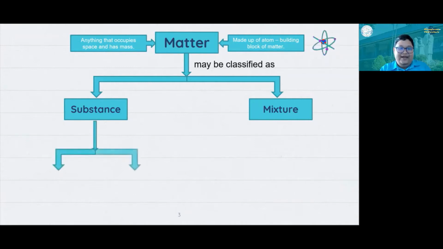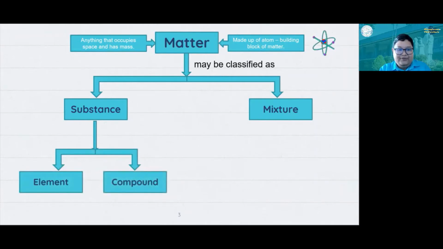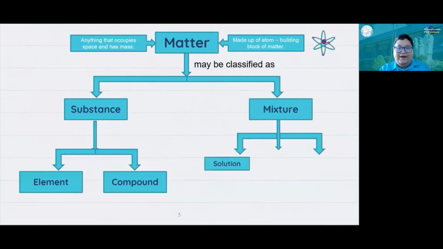First, we have the elements, and the other one is the compound. So this is the topic that we will be talking about today in our video lecture. So we will differentiate elements and compounds. For the mixtures, we have 3 different classifications. We have the solution, colloids, and suspension.